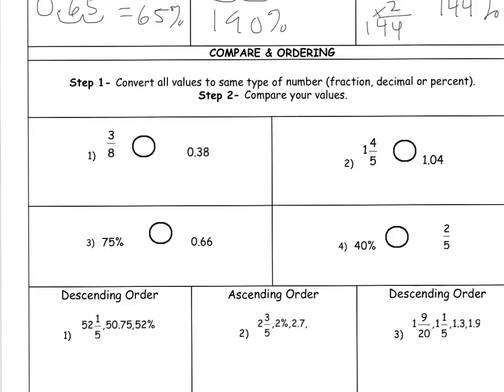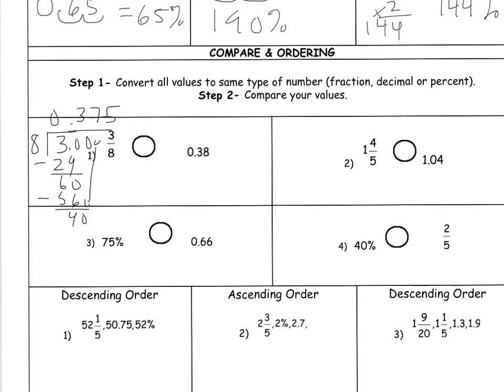Well, I think it's a little easier to put both in a decimal. So since I have 3/8, well, 8 can't go into 10 or 100, so I'm going to have to divide the numerator by the denominator, add my zeros. 8 into 30 goes 3 times. 8 into 60 goes 7. And then 8 into 40 goes 5.